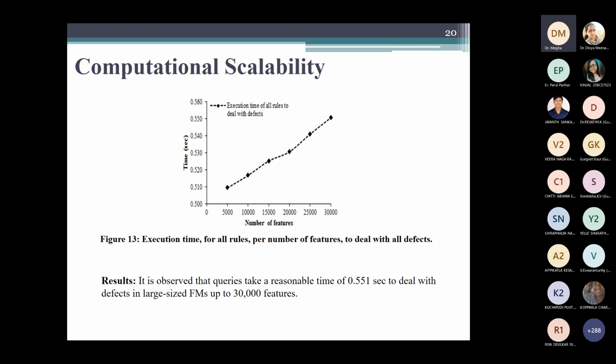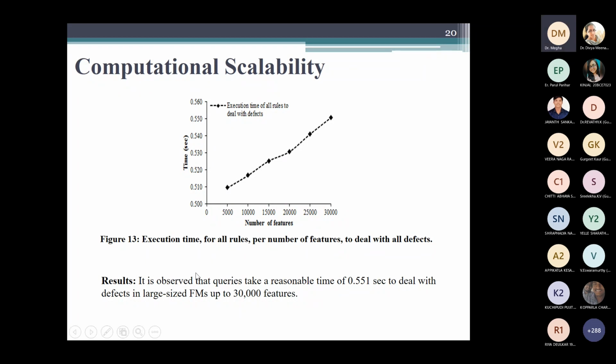Now, the next parameter was computational scalability. We need to check whether this technique is scalable also. This figure represents the execution time taken by all the rules per number of features to deal with all defects. Here in this graph, the x-axis represents the number of features and the y-axis represents the time in seconds. The first model includes 5,000 features, and when we applied the set of rules on this model to identify the defects, the rules took approximately 0.510 seconds to identify the defects along with their causes and corrections.